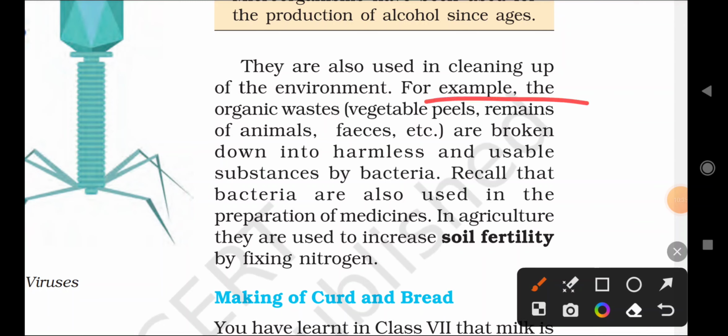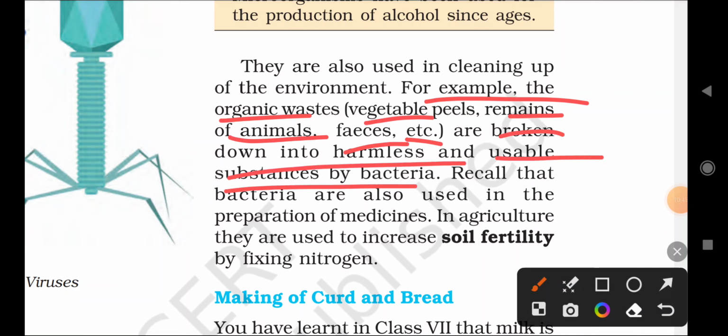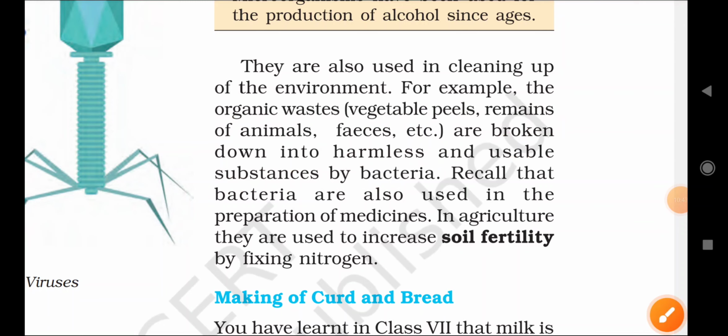For example, organic waste like vegetable peels, remains of animals, feces, and so on are broken down into harmless and usable substances by bacteria. Whatever substances we throw inside the earth, vegetables, fruits, animals' bodies, humans' bodies, are broken down very easily, they do not produce any harmful effect, and they are very helpful to human beings.